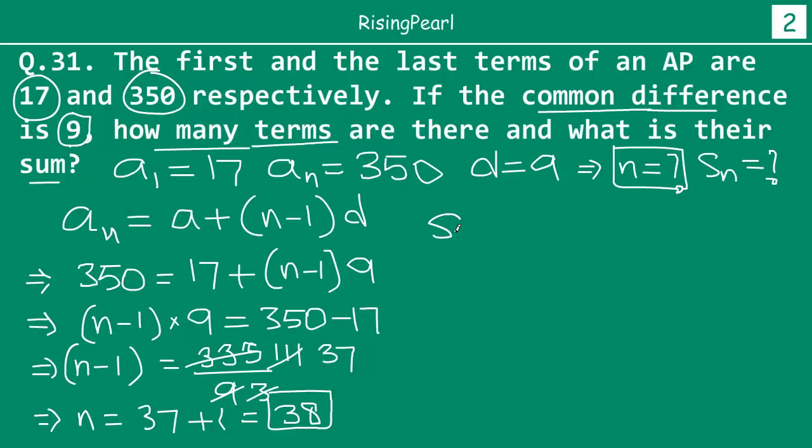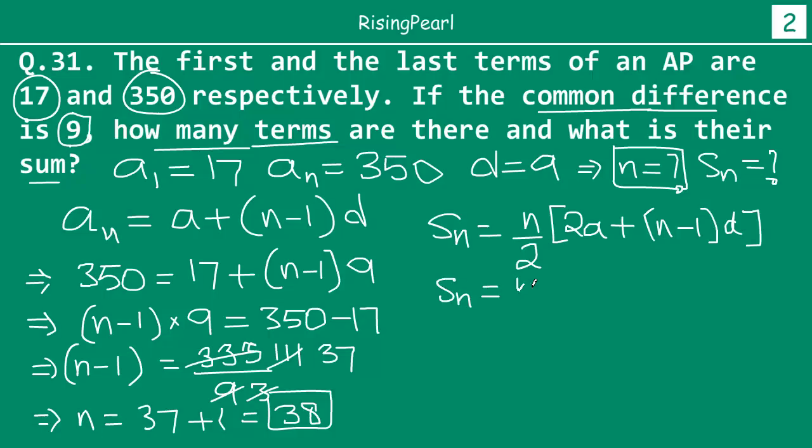Now we have to find the sum. We can use either of the two formulas. We can say n by 2 times twice a plus n minus 1 times d, or we can use the other formula, which is n by 2 times the first term plus the last term.